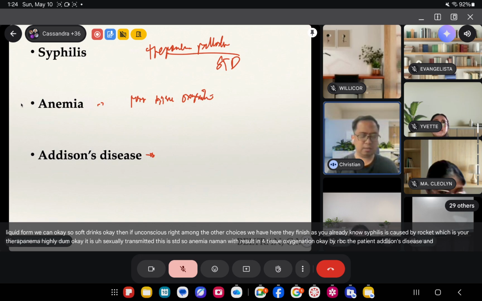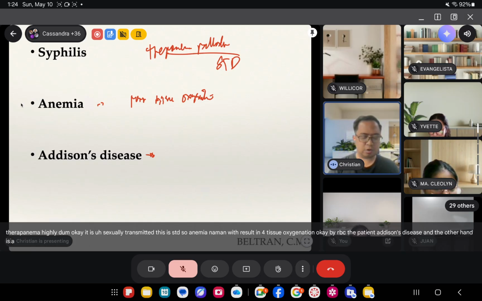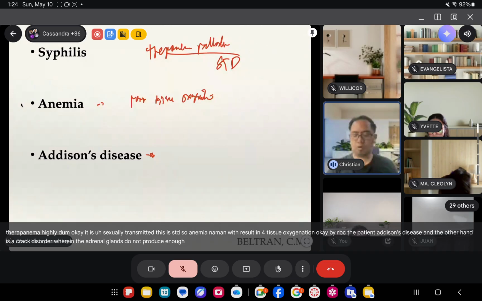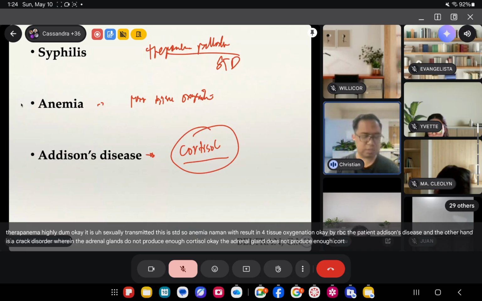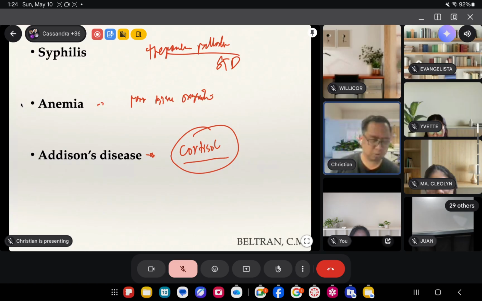Addison's disease, on the other hand, is a chronic disorder wherein the adrenal glands do not produce enough cortisol. What is cortisol? What do you know about cortisol?